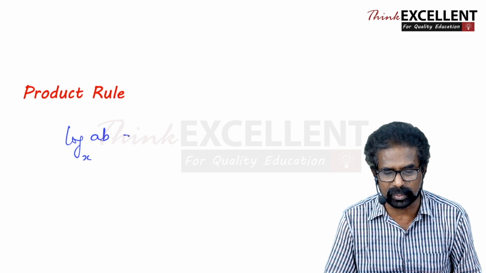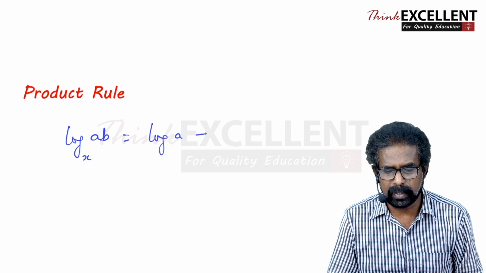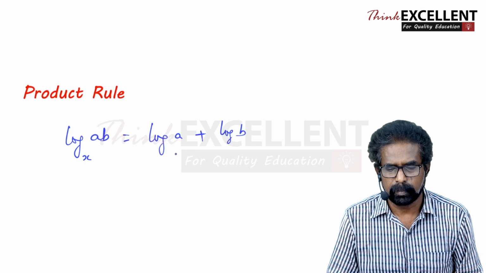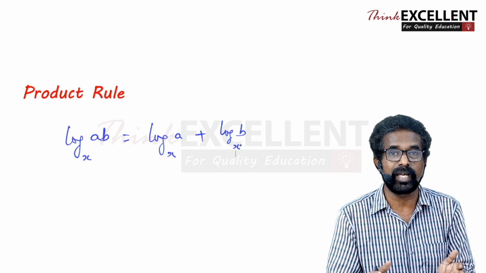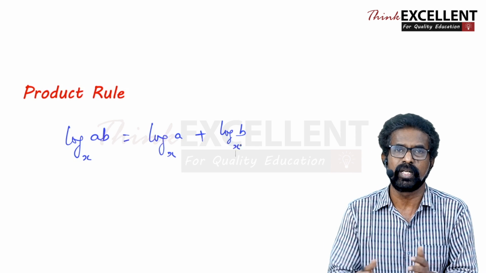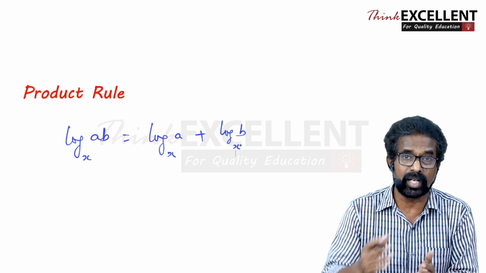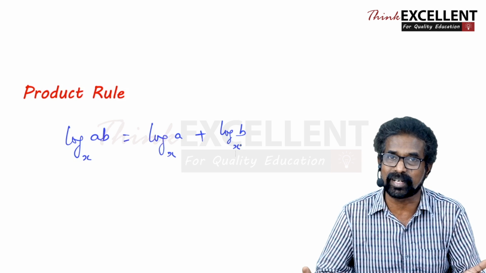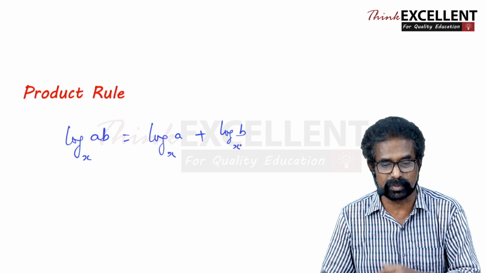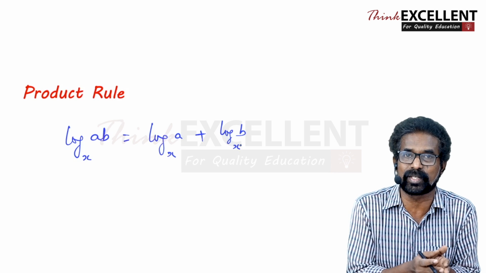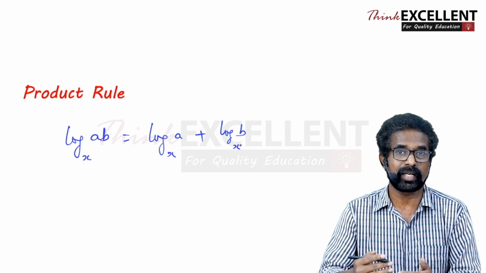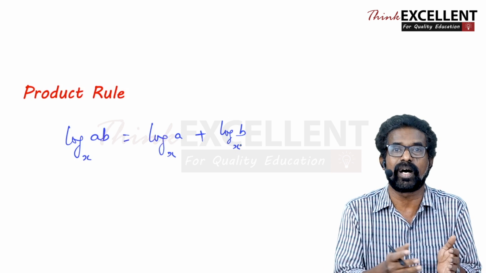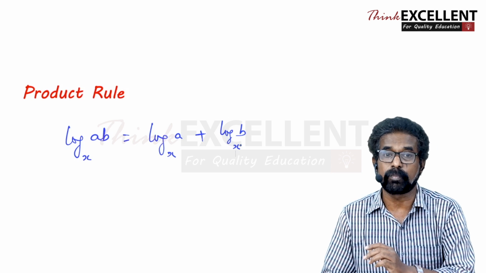Log of AB can be written as log A plus log B. The base remains the same. Suppose there is one more, ABC. You can write it as log A plus log B plus log C. Everywhere the base must be the same. You must know the reverse order also. Log A plus log B, you write it as log of AB. Log A plus log B plus log C is log ABC. That is called the product rule.